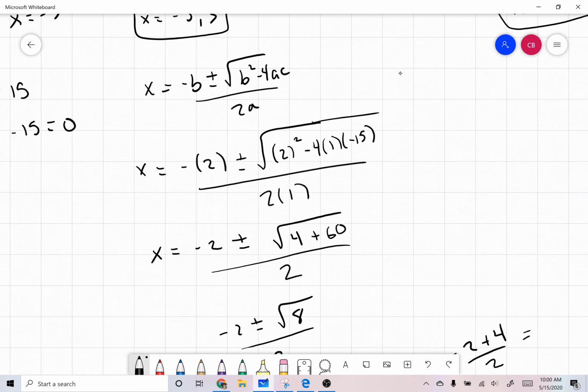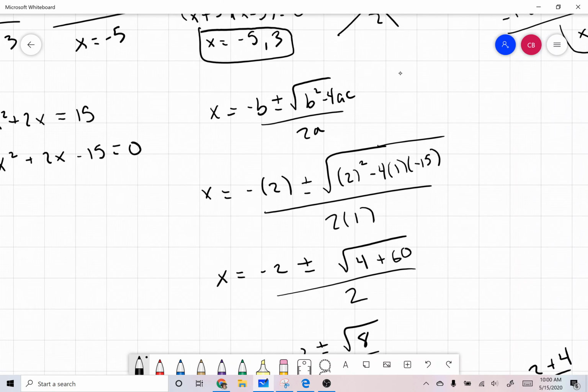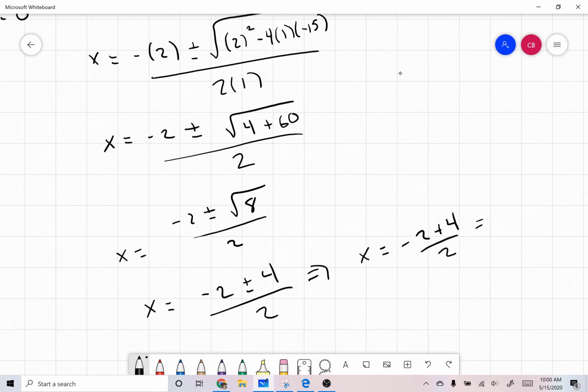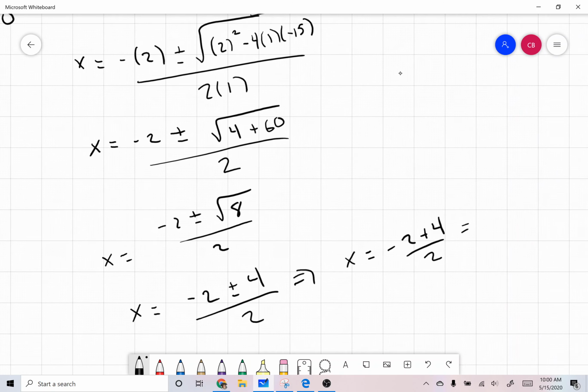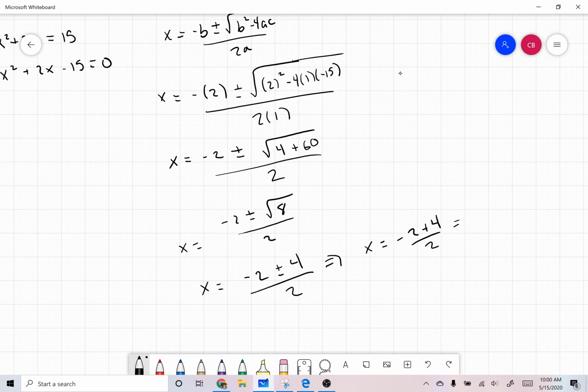Uh-oh, what happened? Did I write something wrong? Negative 2 plus 4 is 2. That's not going to work. What's going on here? Where did I make that mistake? Oh, I know what it is. Sorry. This is the square root of 64. Sorry, I'm sure you caught that.